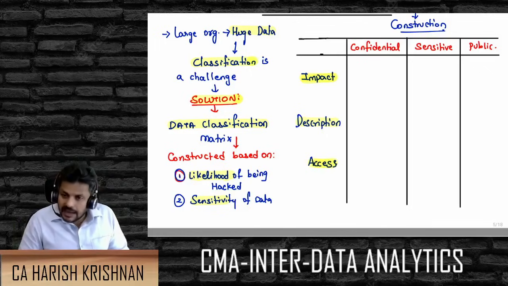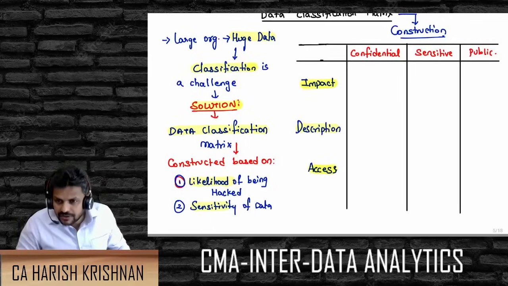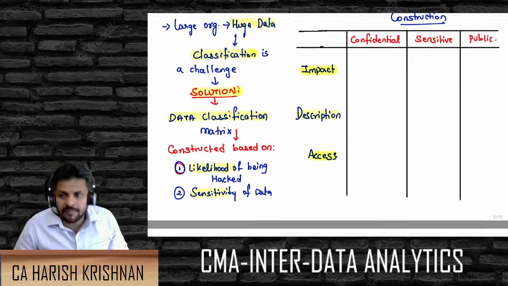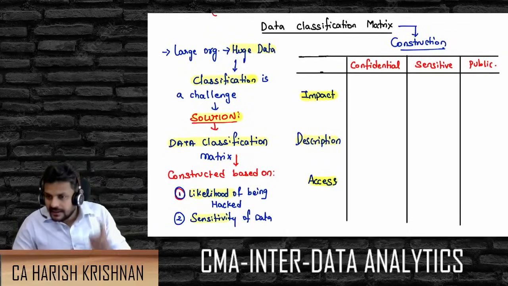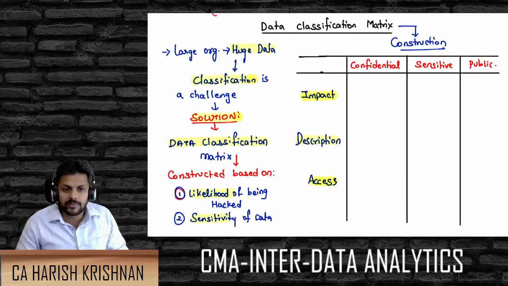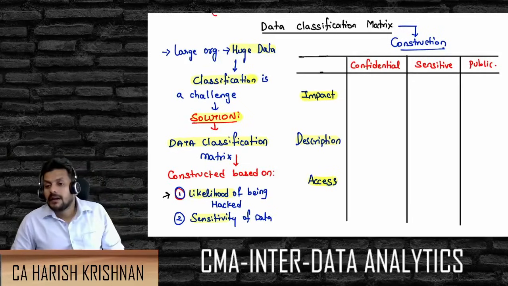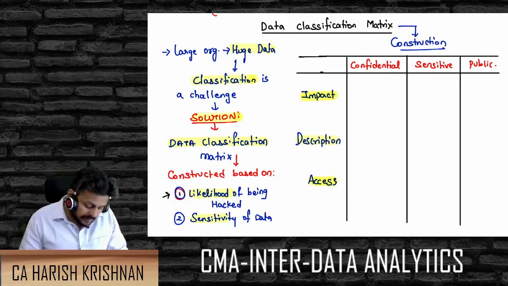Large organizations have huge data. Classification is always a challenge. Therefore, use this type of data classification matrix, which is a very easy alternative to understand, and it is constructed based on two principles. You know what those two principles are? One, the likelihood of being hacked, how easy or difficult it is to hack some information, and at the same time also considering the sensitivity of the data.